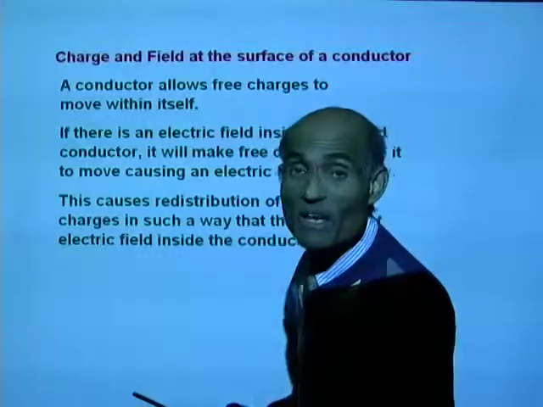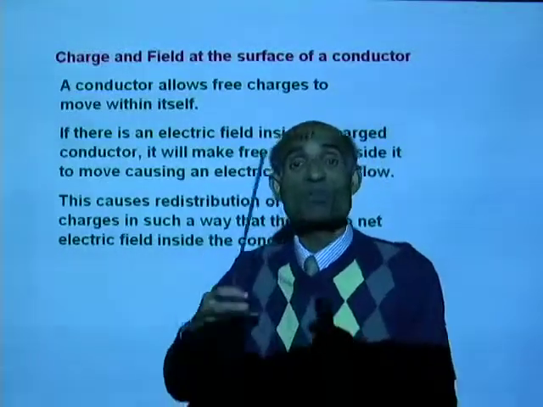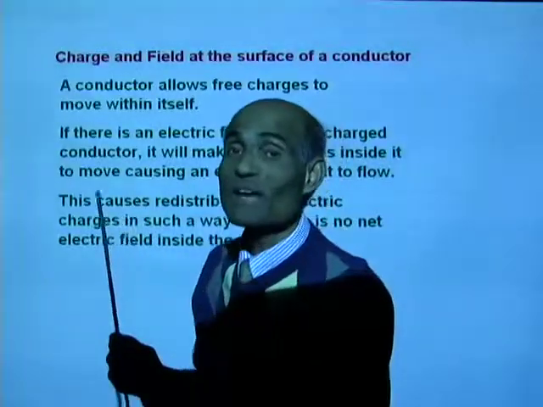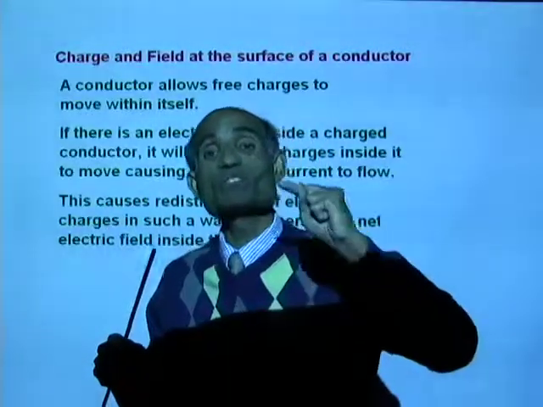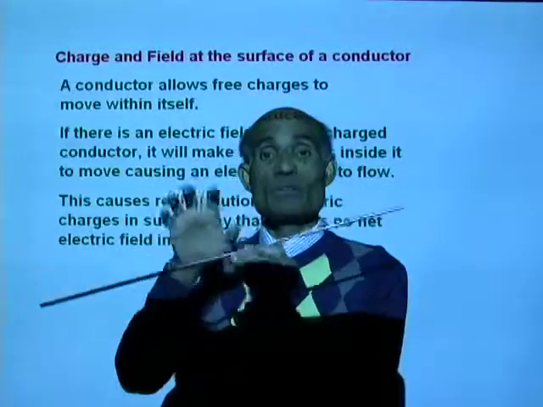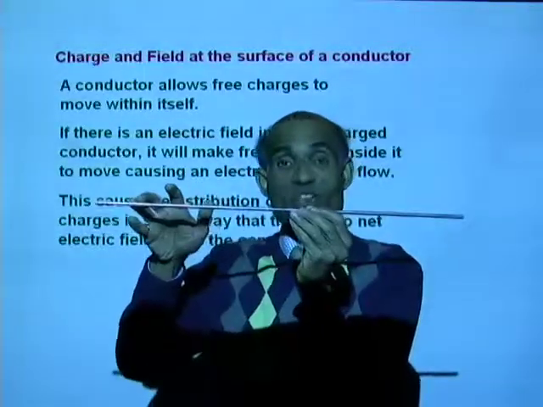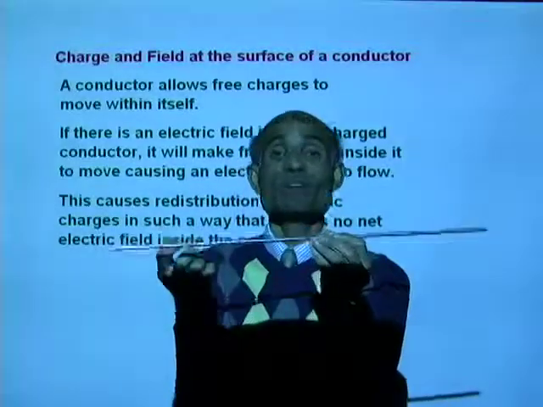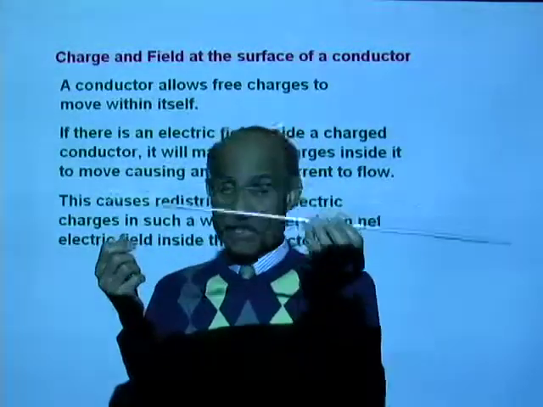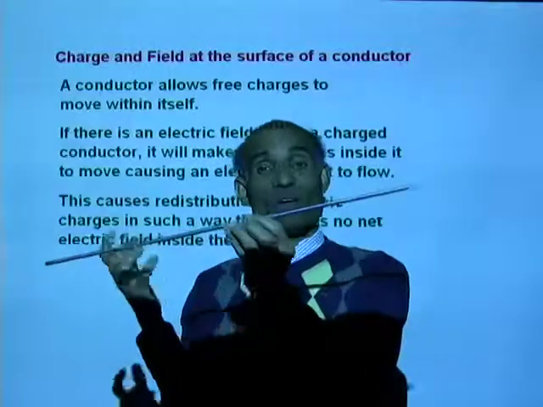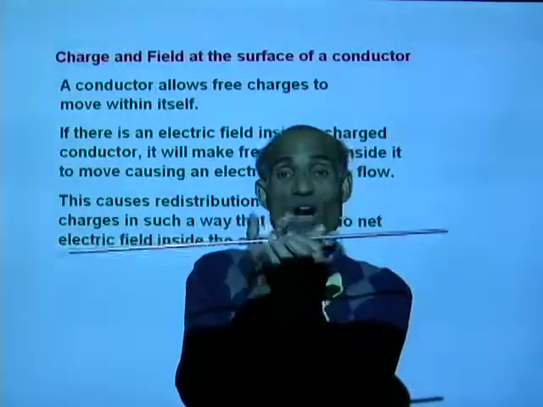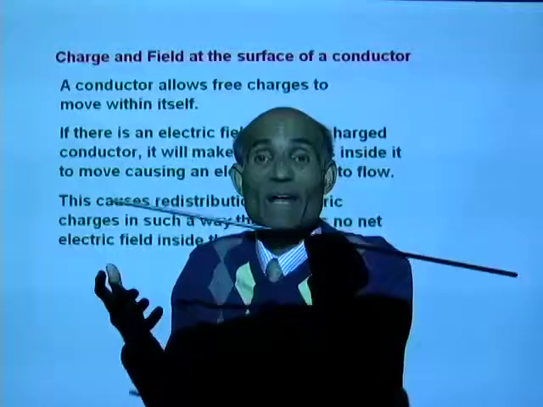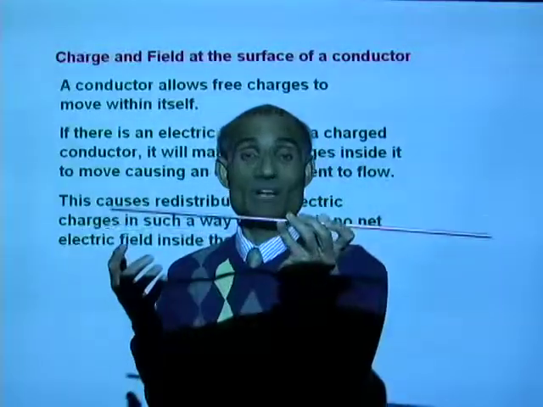The electric field inside a conductor will be zero. Why? Because if the electric field inside a conductor is not zero, then the free charges inside the conductor will be in a state of perpetual motion. You know that a conductor contains free electrons. And when these free electrons are in a state of perpetual motion, there will be a perpetual electric current in that conductor.